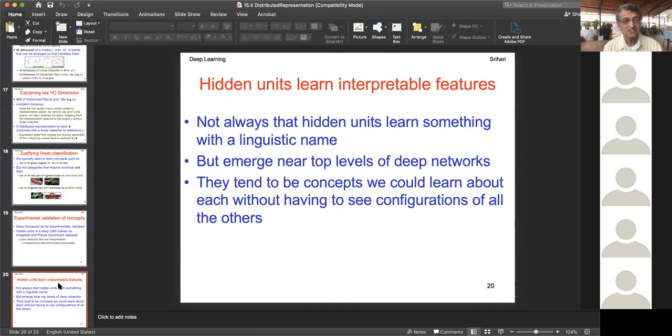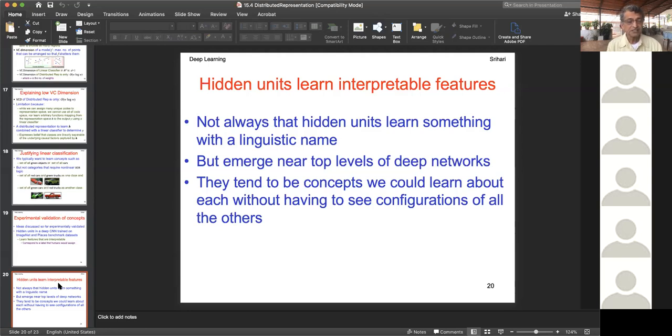So these are not concepts that kind of depend on all the others. They stand alone. Like you're looking at pictures of faces and you are able to learn the concept, they are wearing glasses. It's not like a complicated composition that they're wearing glasses and they have dark hair, what have you, right? So it is just a standalone concept.